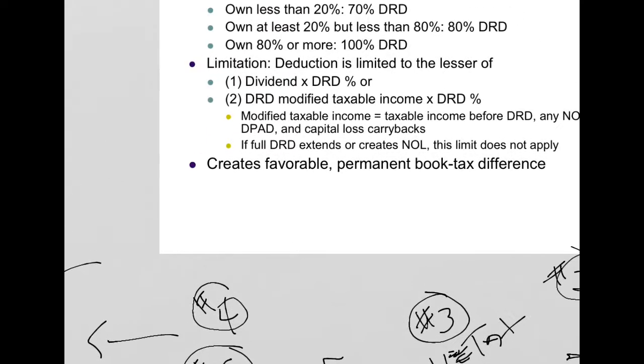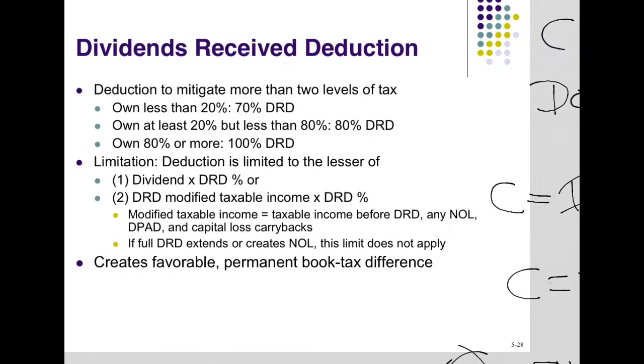So the theory of the dividends received deduction is to mitigate more than 2 levels of tax. Depending on the ownership of your stock, you get to reduce taxable income by a certain percentage of the dividends received. That's why it's called dividends received. If a C corporation receives dividends from another C corporation and owns less than 20%, 70% of the dividend is non-taxed.